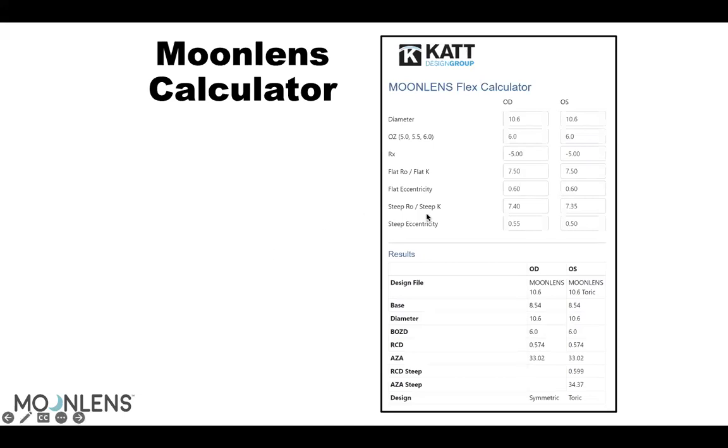So if you have eccentricity, we know some topographers just give you an eccentricity value, but some other topographers can give you the flat eccentricity or the steep eccentricity. If you do have those separate, that's good enough. But if you don't have those, then you can just check the box on the calculator where it says use regular.